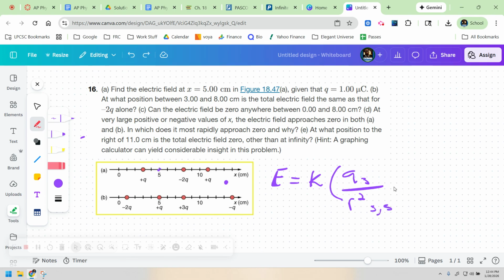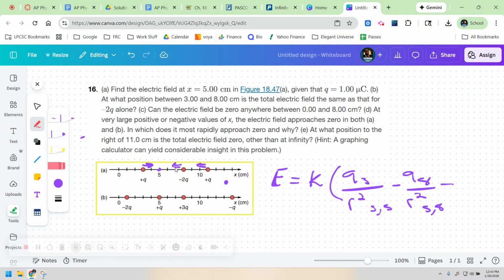And so when we think about that, the electric field will go this way, and then the other charges will go this way, right? Because this is our test charge right here at 5. Well, because this will be 6, 7, 8. So charge 8, and then the radius from 5 to 8.